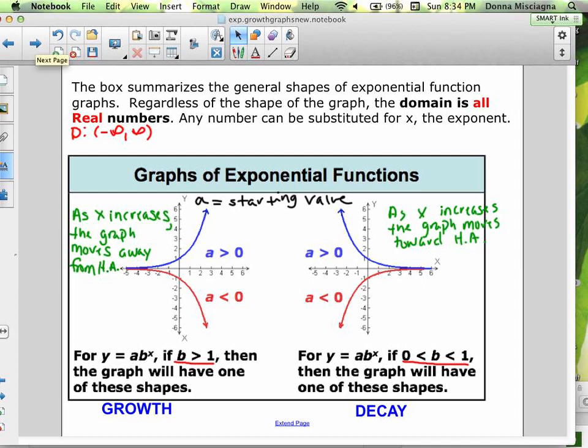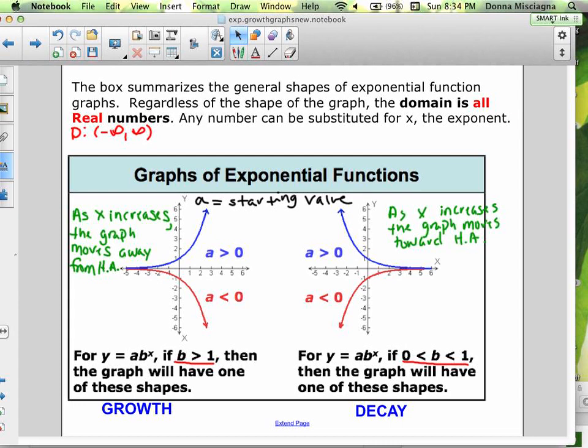Right? So if a is greater than 0, you have a positive starting value, you're going to be on the positive side, because b to the x has got to be positive. And if you multiply a positive number times another positive, you're going to get a positive number. So we're going to be above the x-axis.